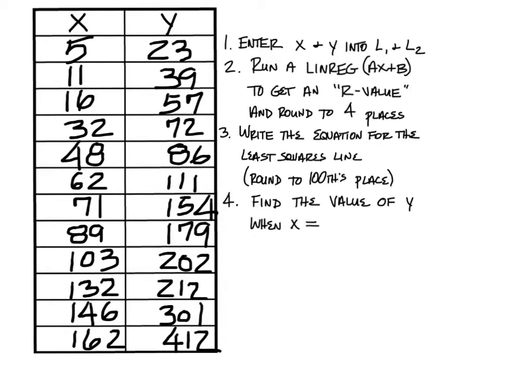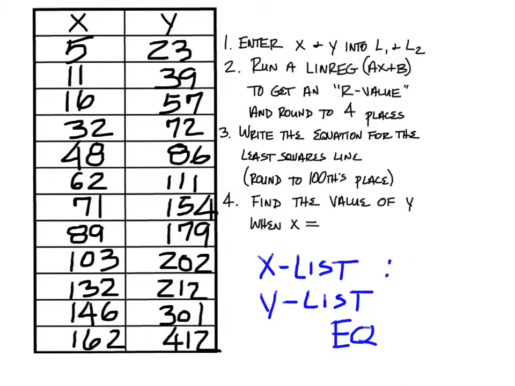And yours is going to look like X list, Y list, and then you'll have something with an EQ in it below that. You just go to each individual area there and make sure that you have L1 for X list and L2 for the Y list, and you want Y1 for the equation where you're going to store the regression equation.